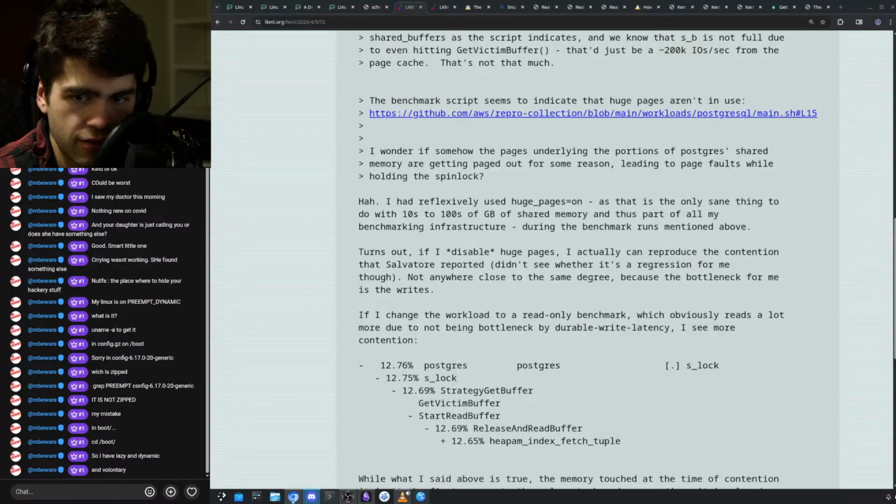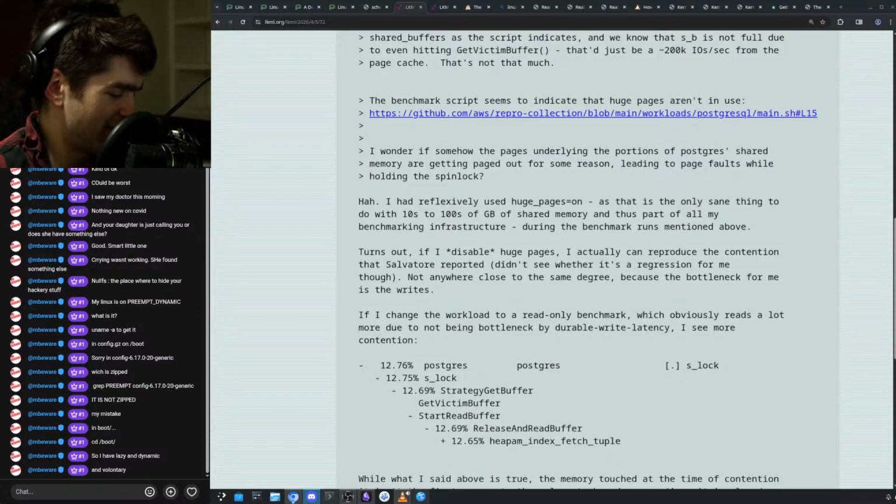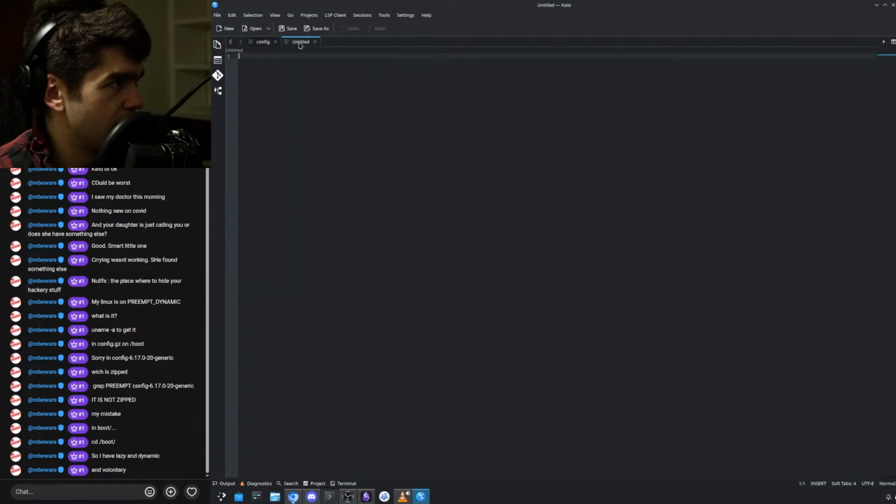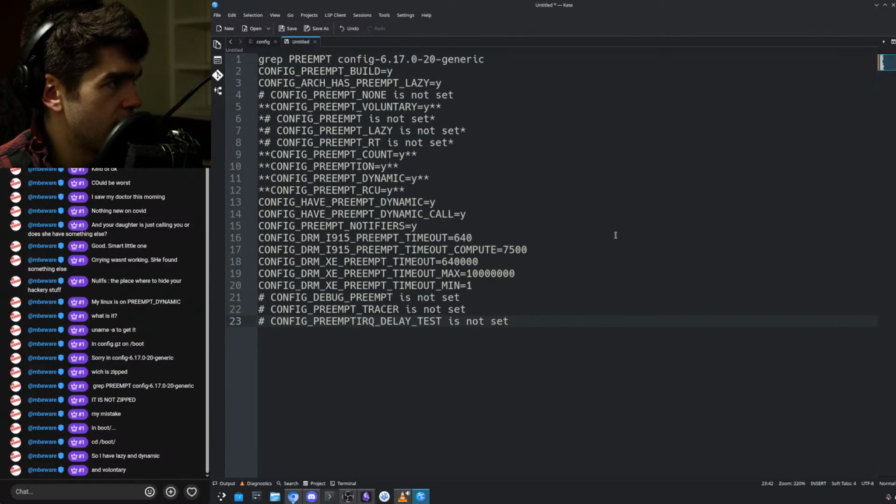Oh, you actually copied the whole config, so I have a copy of it. Cool. I'll steal it. All right. Cool. So here we have an example. Config arch has preempt lazy. Yep.